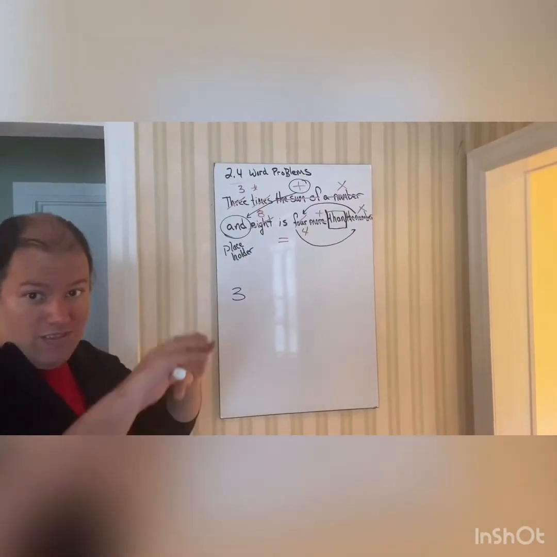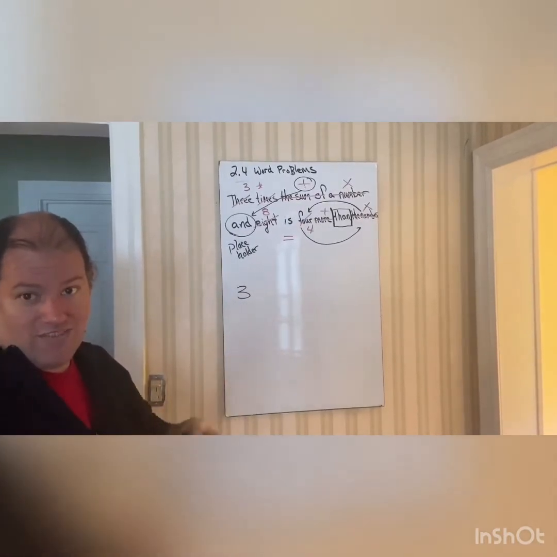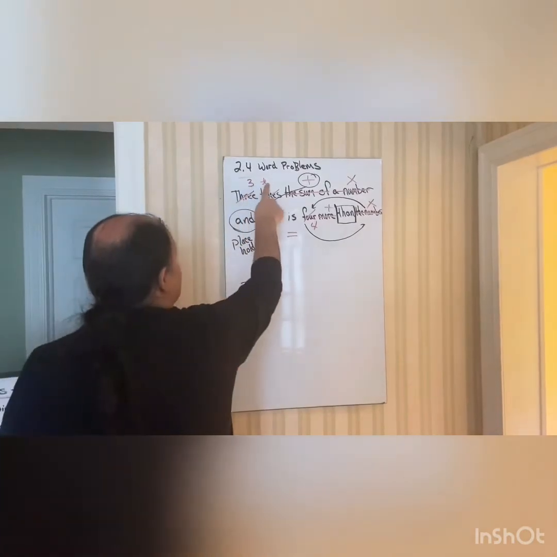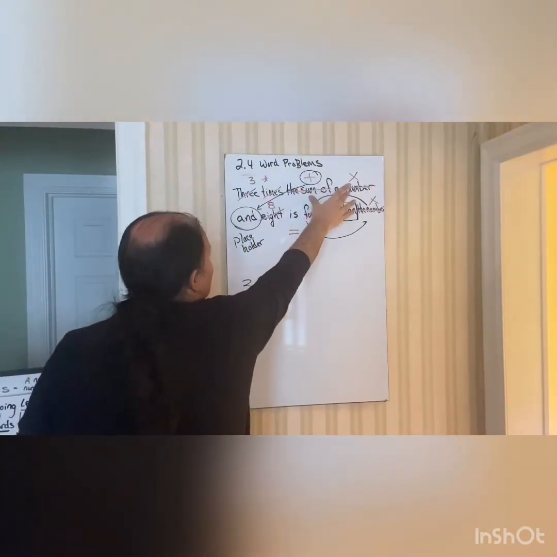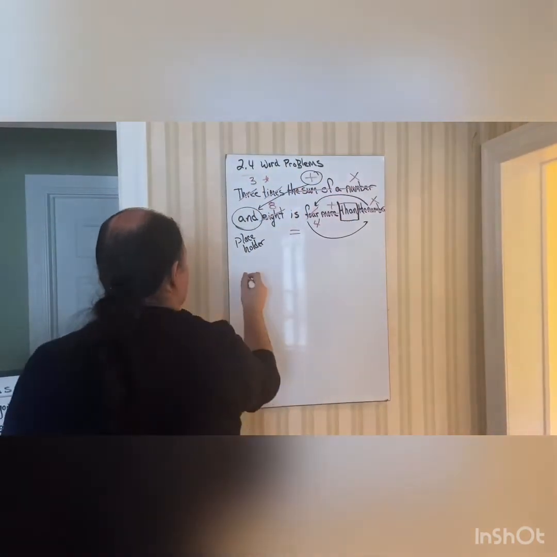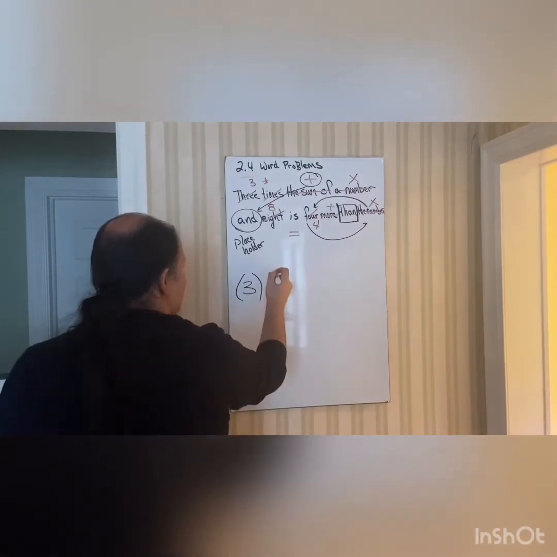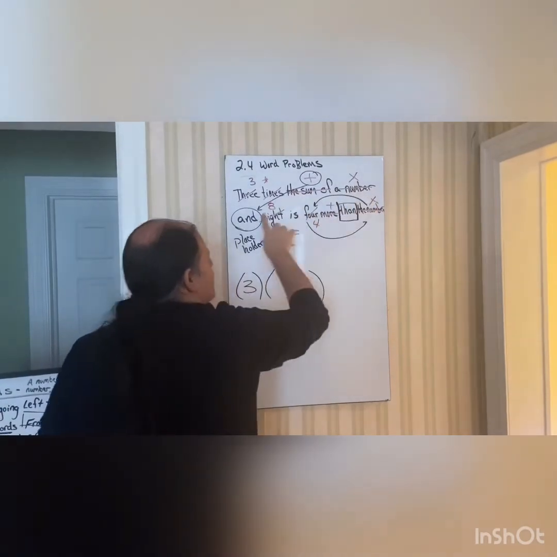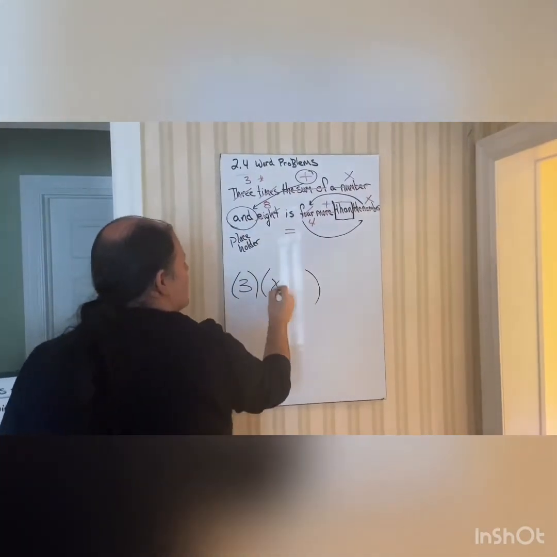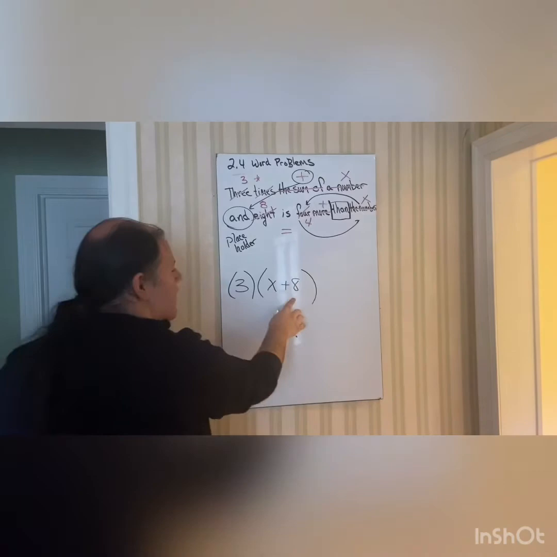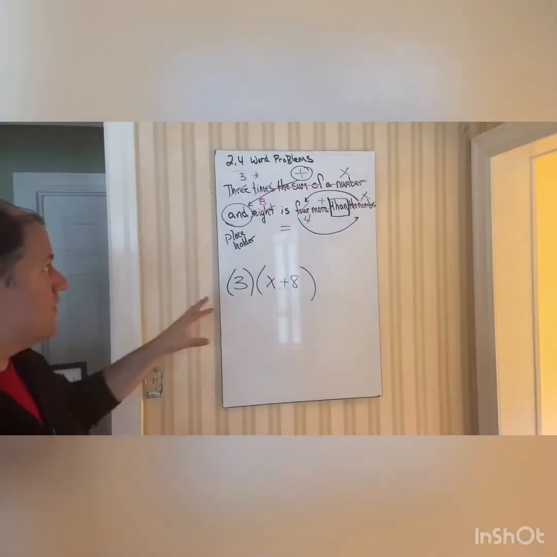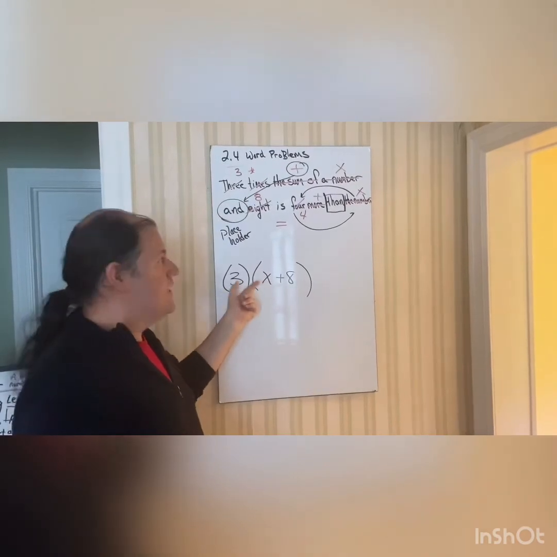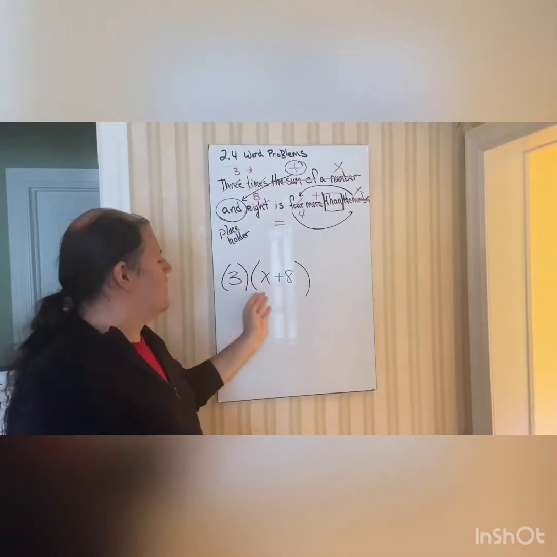I'm going to use parentheses to do multiplication because I like parentheses. So we're doing 3 times the sum. So 3 times, and we know that the sum, x plus 8. That's how we're going to write it out. It's a little confusing. So we have 3, there's 3, times, notice I use parentheses.